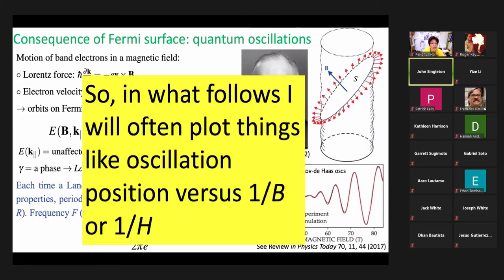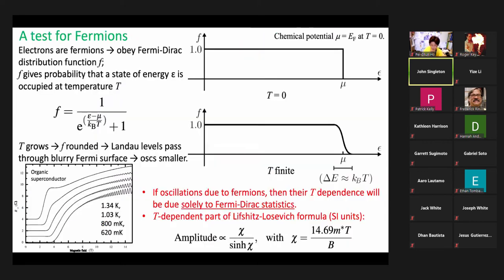So because they're periodic in 1 over B, in what's going to come, I'm going to often plot things like oscillation positions and things like that versus 1 over B or 1 over H. So don't get surprised by that. It makes everything periodic. Now, we come on to a test for fermions. So electrons are fermions. They obey the Fermi-Dirac distribution function. And this is written here.